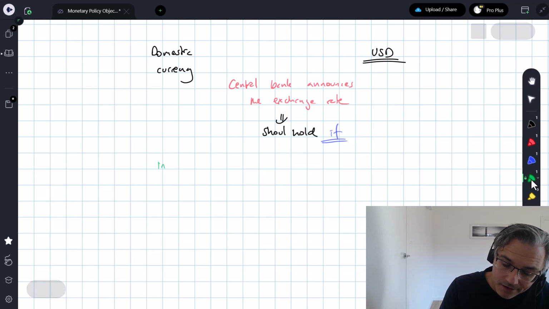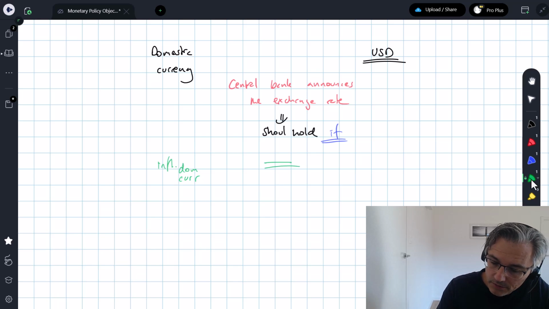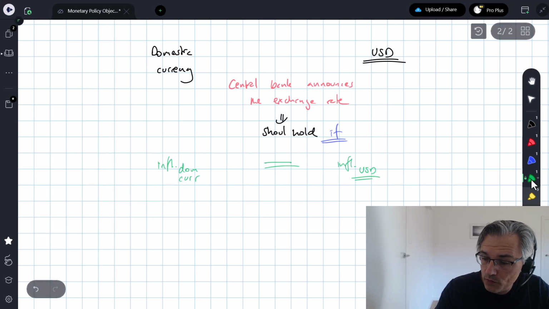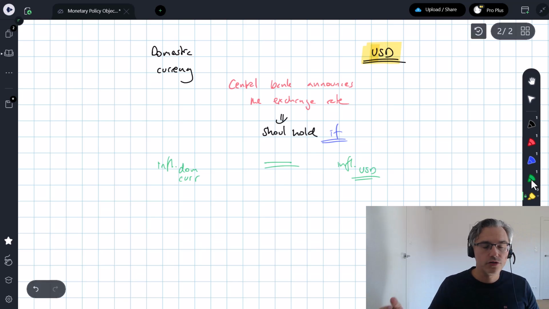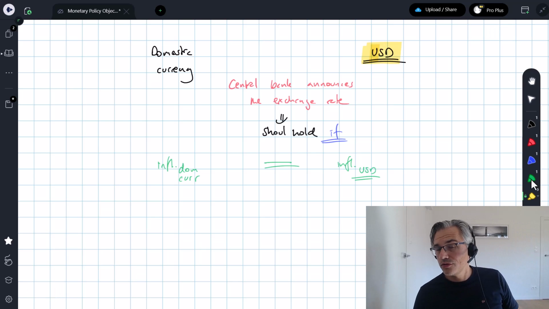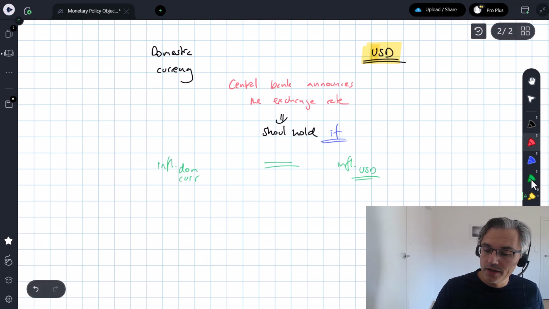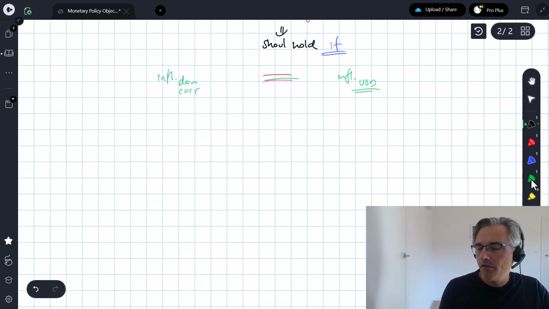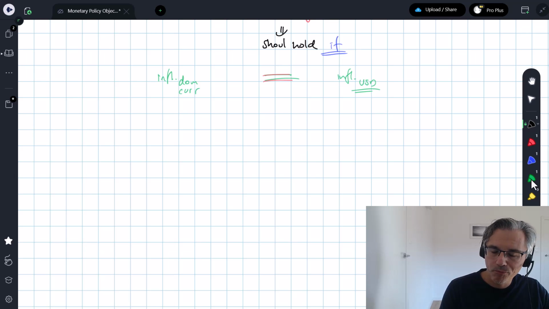If the inflation rate in that domestic currency equals the inflation rate in the US dollar, assuming it is the US dollar that we have chosen to target, then if the two inflation rates in the two countries are the same, the exchange rate should hold as well.